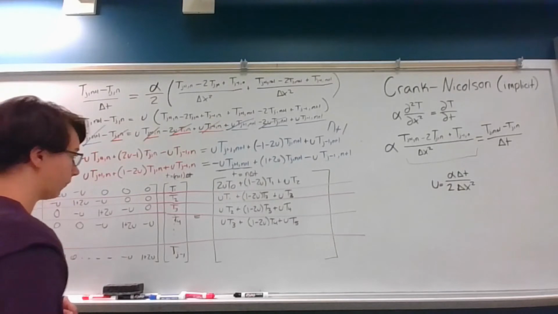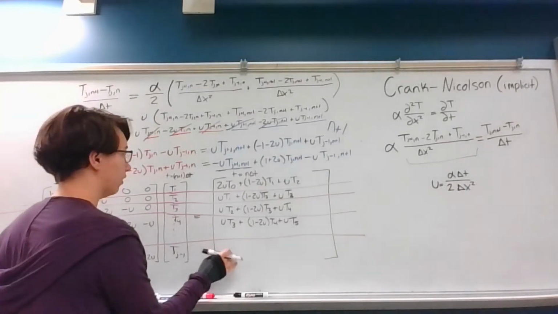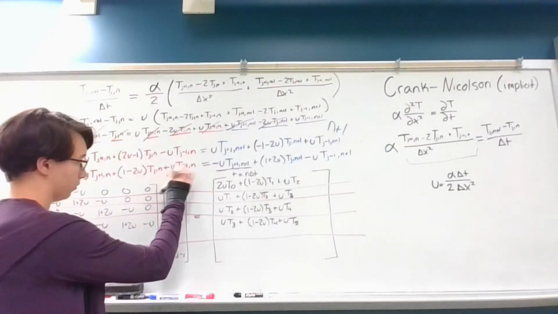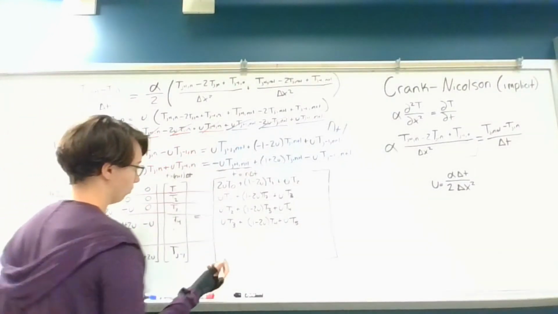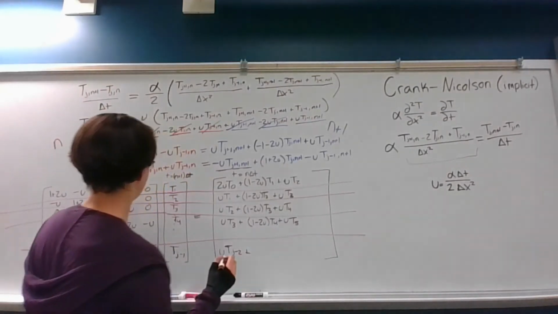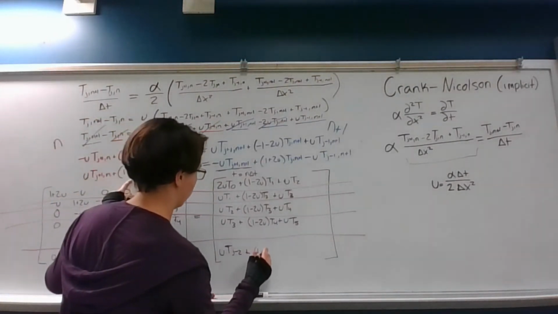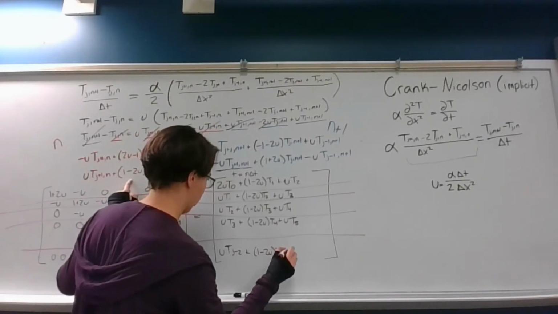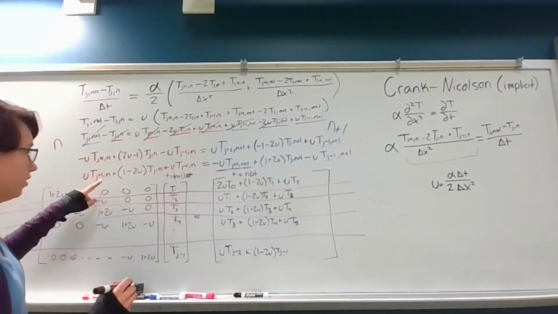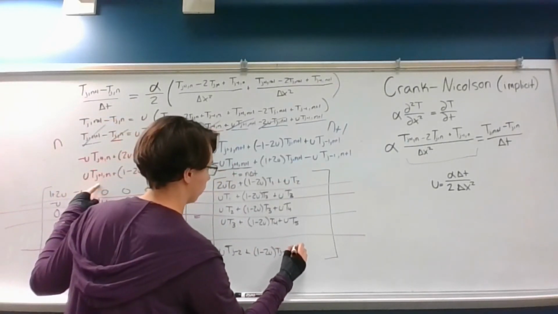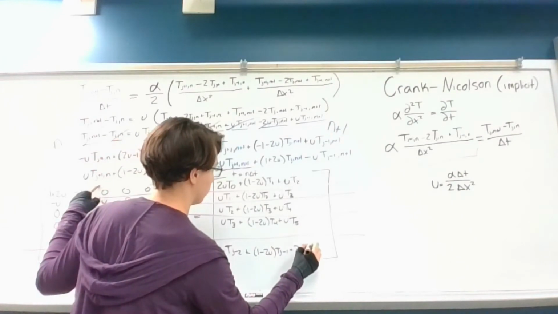And then, over on this side, we've got u at t_{j-2}, so we'll just do that: u at t_{j-2} plus, this one's the same, so 1 minus 2u at t_{j-1}, and then at t_j we're again going to have 2u, so plus 2u at t_j.